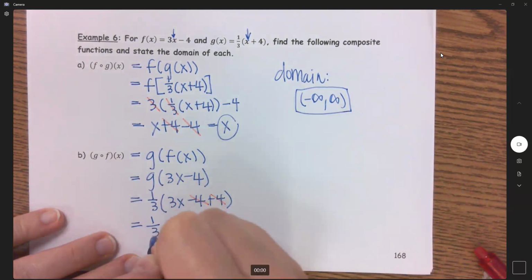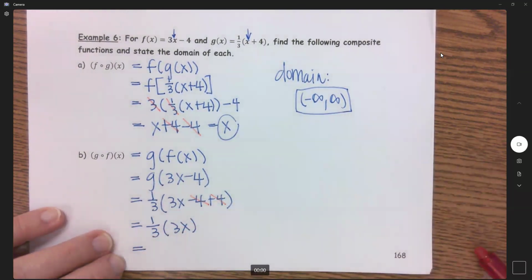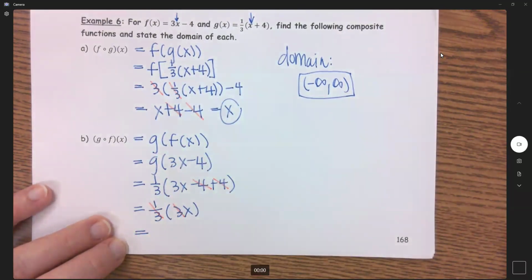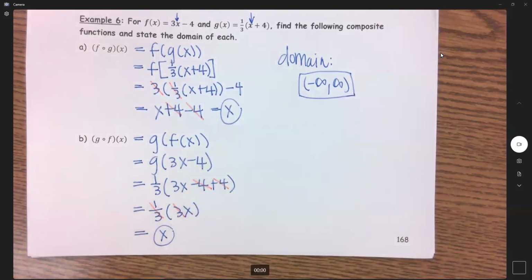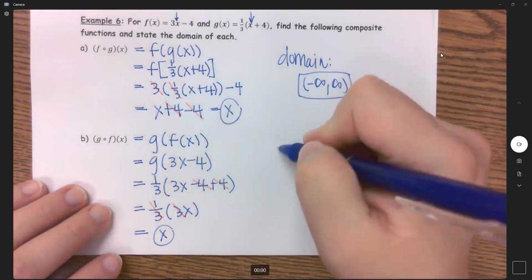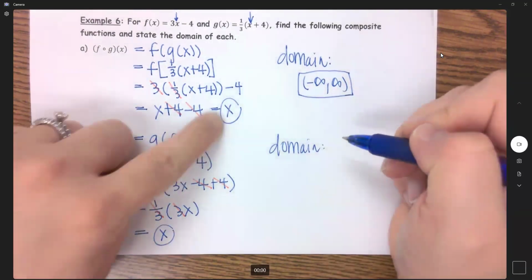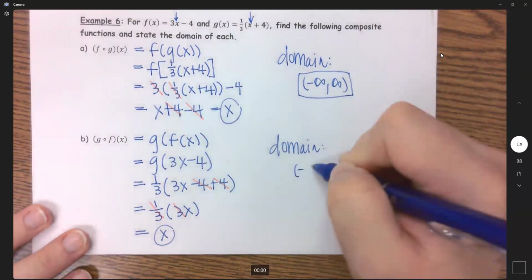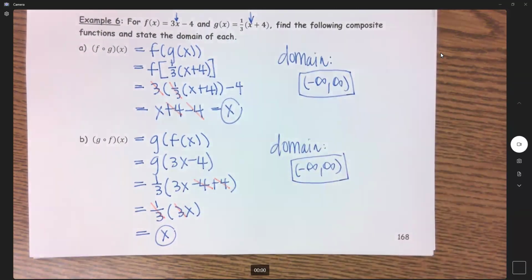And then we have 1/3 times 3x. 1/3 times 3 is 1. So we are left with x. So my domain, since this was x and this is x, it's the same as this. Negative infinity to infinity. It's got no radicals and no square roots.